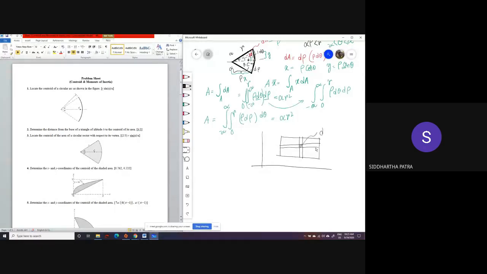So this is my differential area, dx dy, and x goes from x1 to x2, and y goes from y1 to y2.